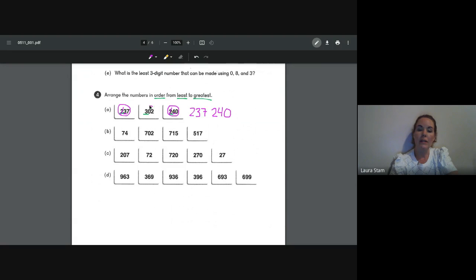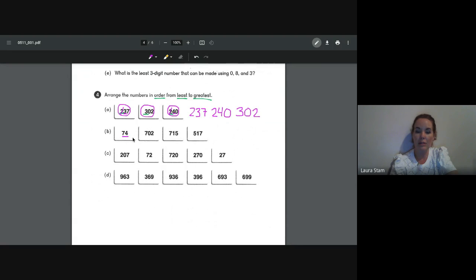And then we have this last one, 302, was the greatest number. So let's look at this. We have ordered these now from least to greatest. All right, let's look at these numbers right here. Now, right off the bat, I can see I have a 2-digit number hiding in here.